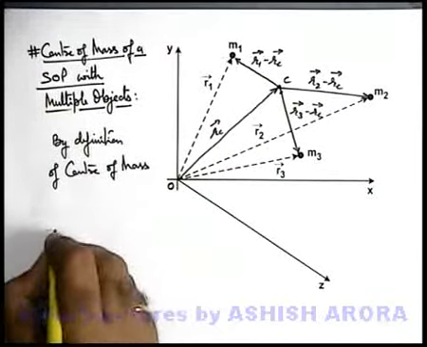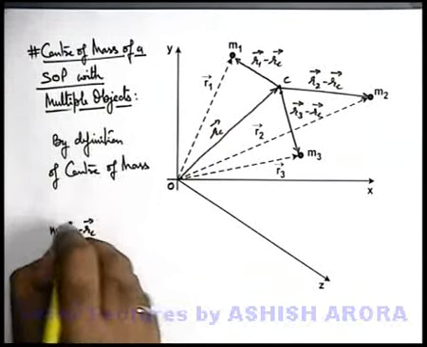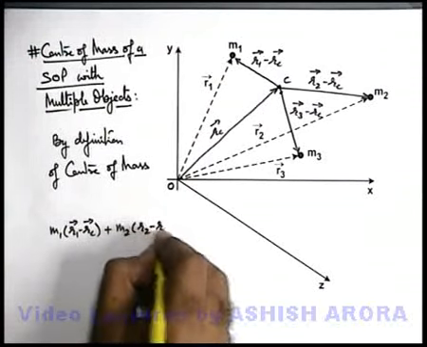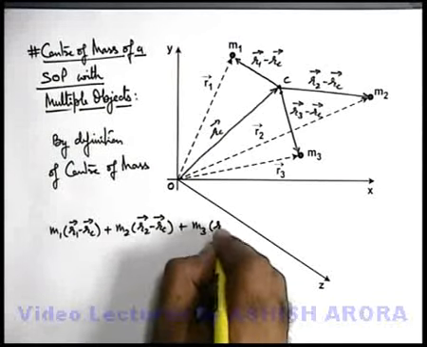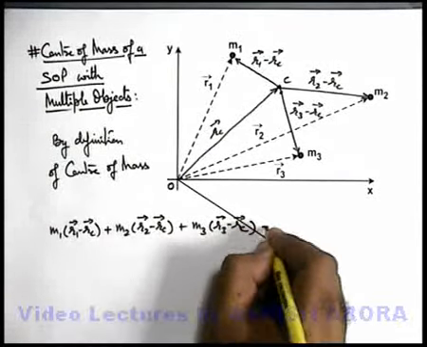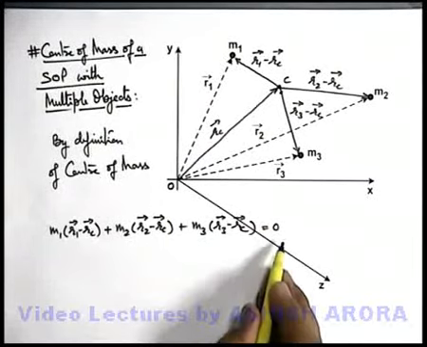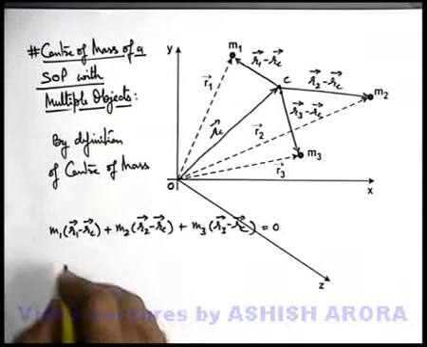So by definition we can say m1 into (r1 minus rc) plus m2 into (r2 minus rc) plus m3 into (r3 minus rc) equals 0.